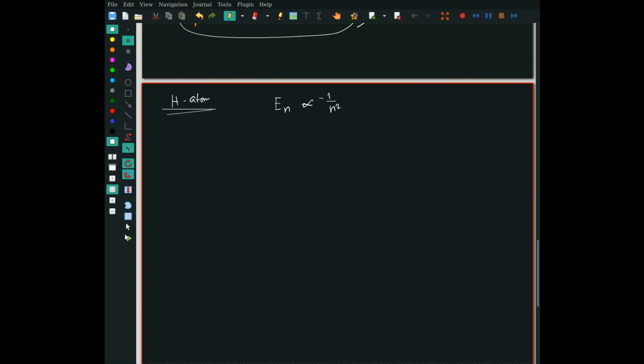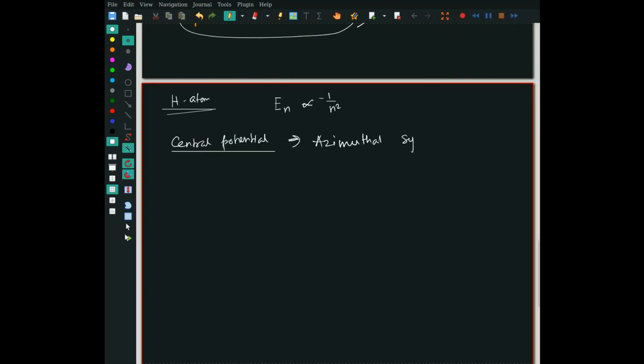Now you know that if you have a central potential, perhaps you have heard that it contains an azimuthal symmetry, that is a rotational symmetry around phi. That means Lz is conserved.